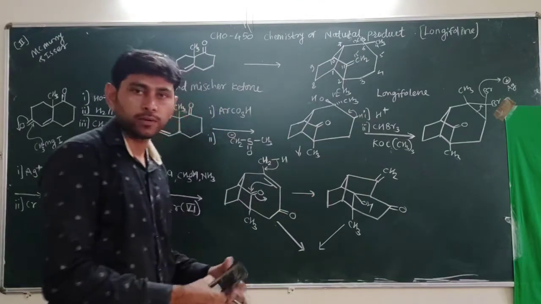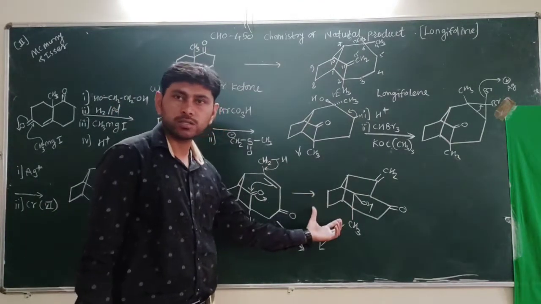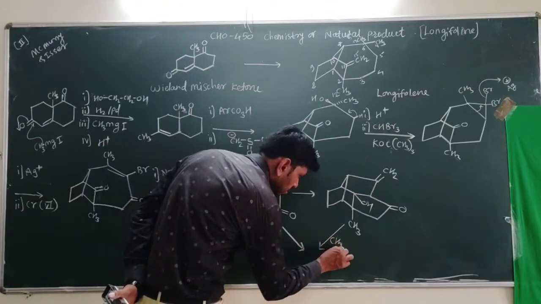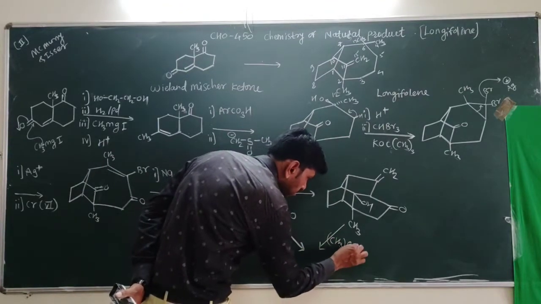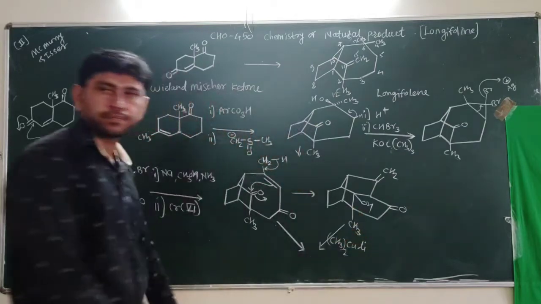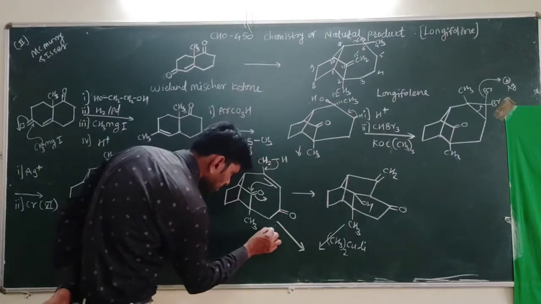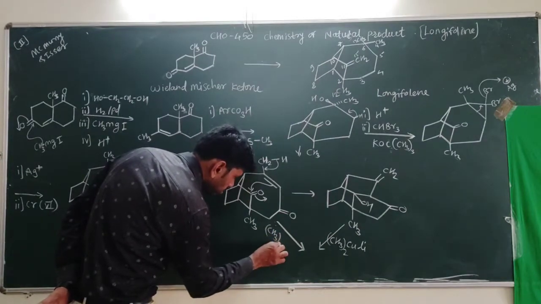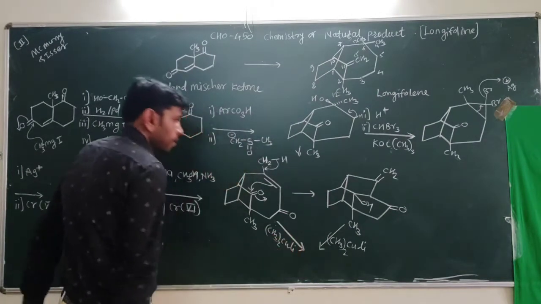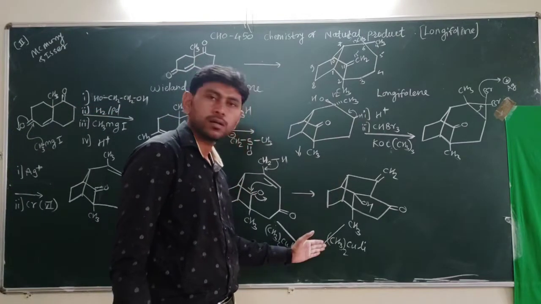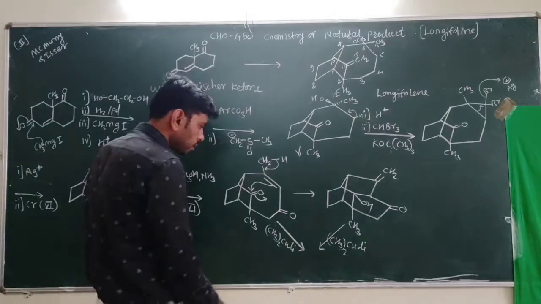There is possibility of both these products reacting with the next reagent, that is CH3 twice Cu, the alkyl copper lithium reagent we have used. Same reagent here, CH3 twice Cu. Maybe this may react, this one also reacts.